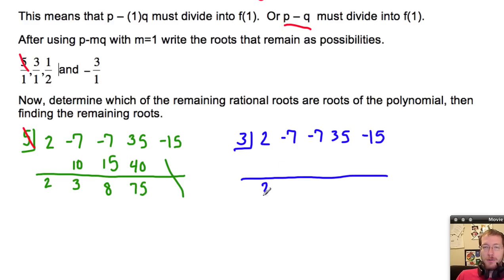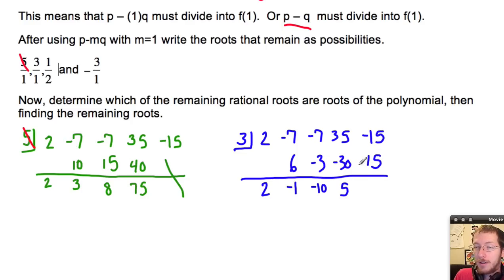Okay, bring down your 2. 3 times 2 is 6. 3 times -1 is -3. 3 times -10 is -30. 3 times 5 is 15. And look here, we've got 0 is our remainder, so that makes 3 one of our roots. It's always a good feeling when you find one.